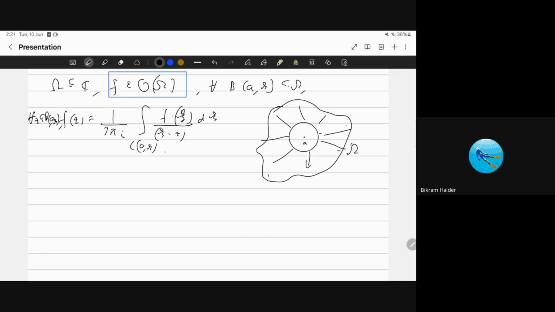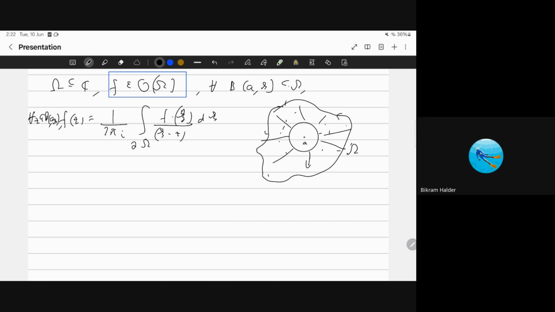Then this integral can be written over del omega instead. The interesting thing is that I am able to talk about the values of the function inside the domain just based on the values of the function on the boundary.